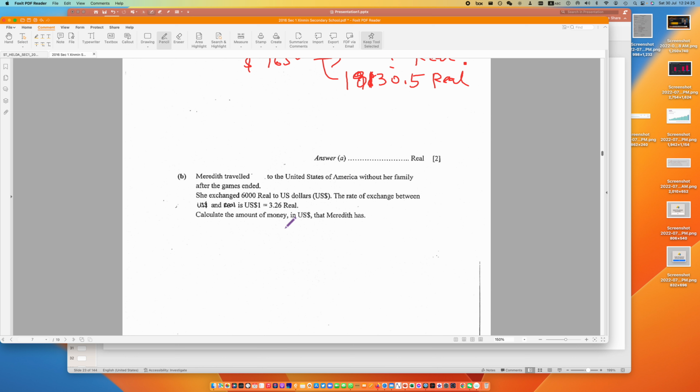Same thing. She exchanged that to dollar. The rate of exchange is this. So what's the remaining for part A? Because I need to use that. 9890.5. Okay, so this 6,000 real is $1, right?